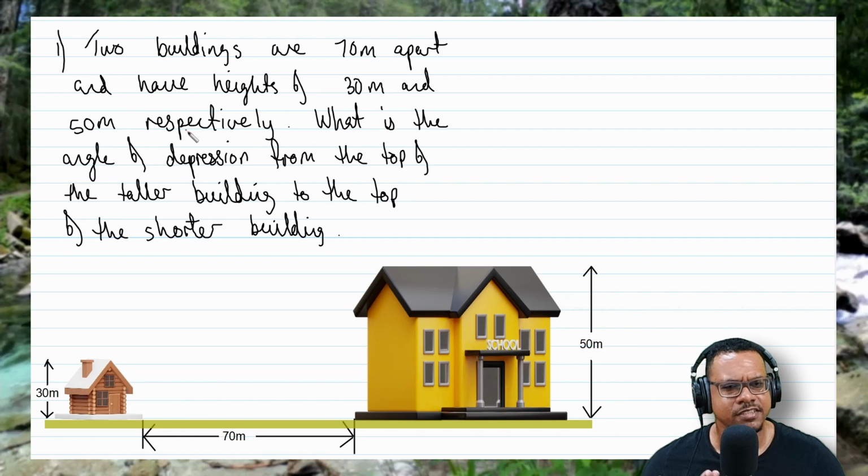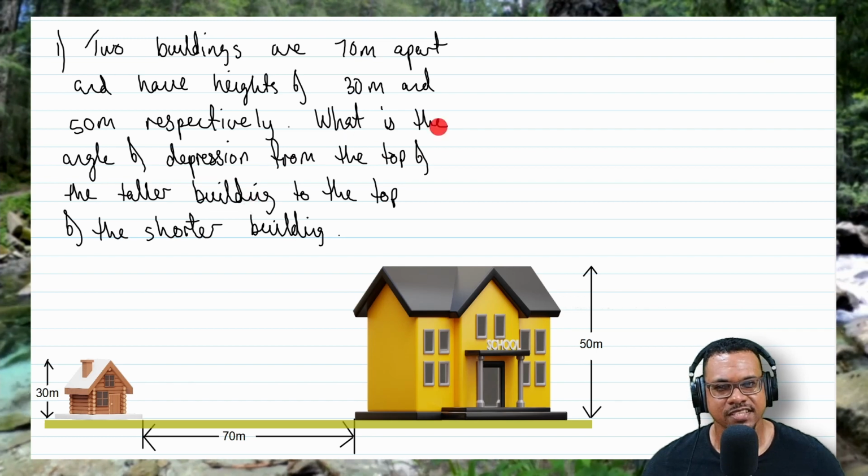So here we have my first question for the angles of depression. So we have two buildings are 70 meters apart. So I have my two buildings here, 70 meters apart, and have heights 30 meters and 50 meters respectively. So the height of this building is 30 meters and the height of this building is 50 meters. What is the angle of depression from the top of the taller building?